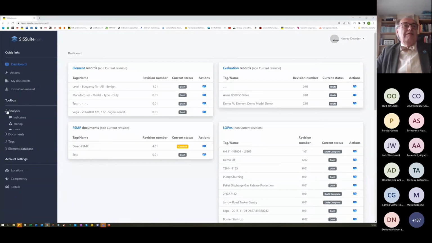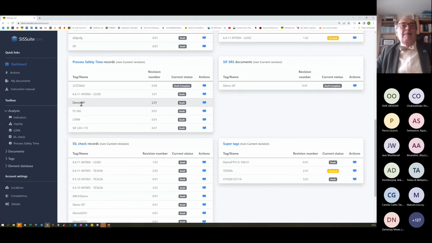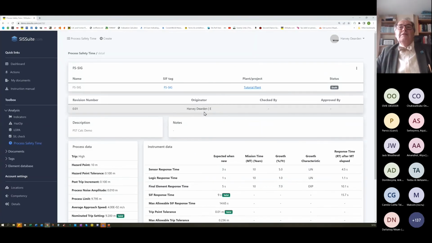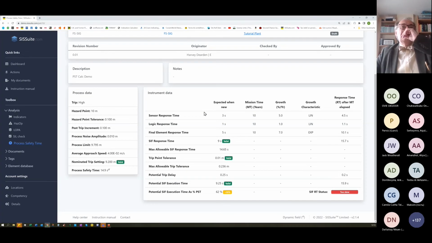There are a variety of tools here: HAZOP, LOPA, SIL compliance, but the one I'm concerned with is process safety time. And if I open this record, hopefully everybody can see this. We've tried to size this so that it will be readable on people's screens. I hope you find that's the case.